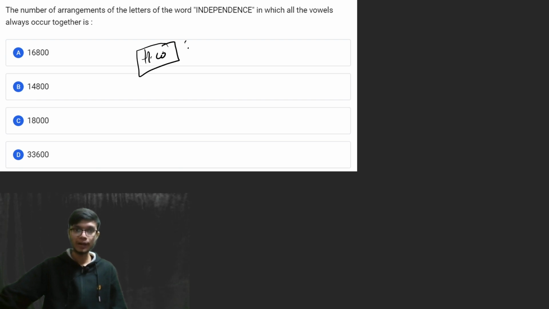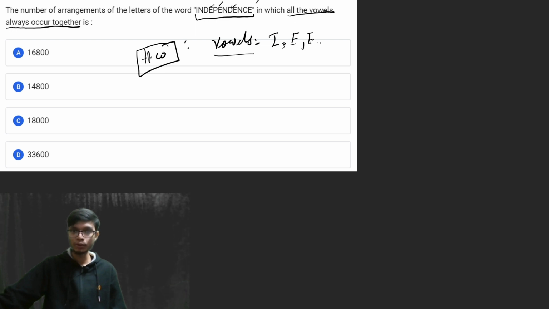It is also saying that the number of arrangements of the letters of the word independence in which all the vowels are not always together. So you have to look at the total cases minus the cases when all the vowels are together. If you look at the vowels in the word independence, they are basically I and E, and E is present 4 times.